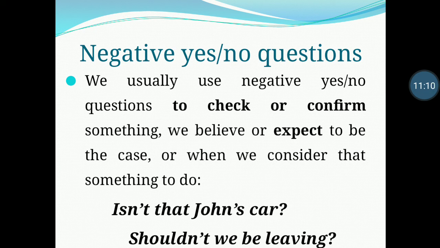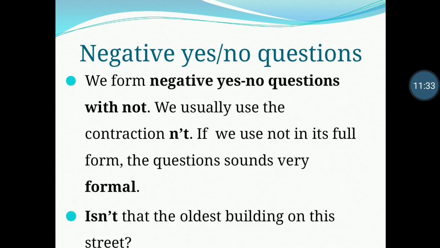For example, should we be leaving? Shouldn't we be leaving? It means that we should be leaving now. You're expecting to leave now. So like that, by using negative yes or no questions, we can check, confirm, or expect something to be done.